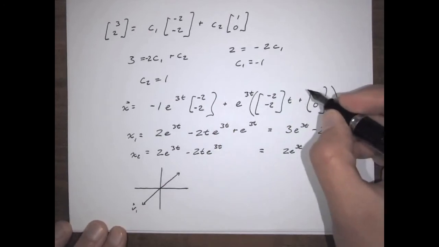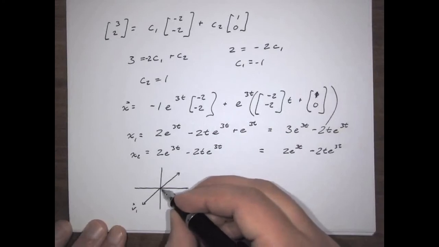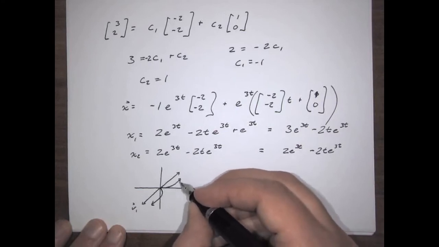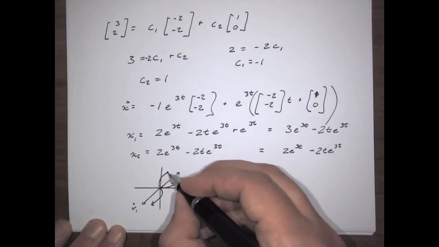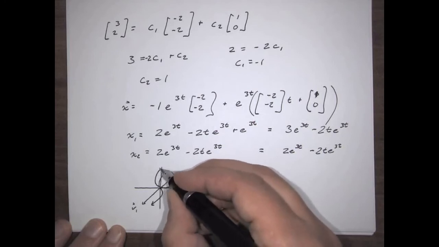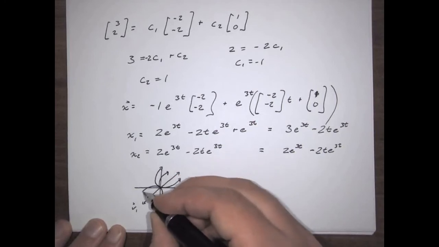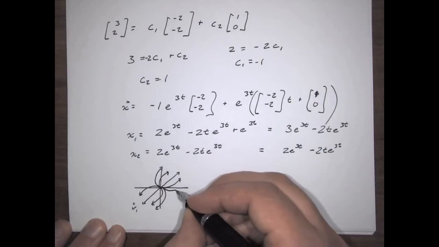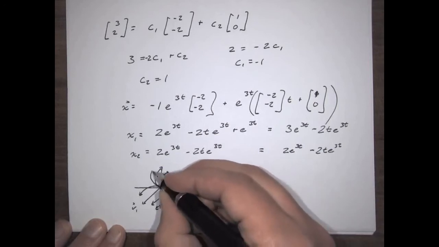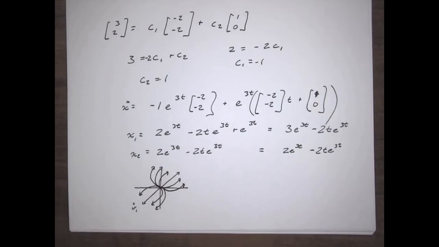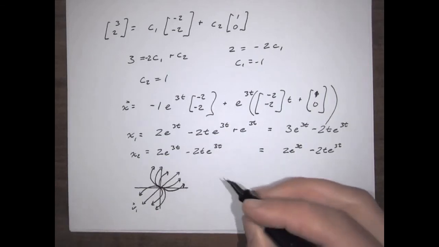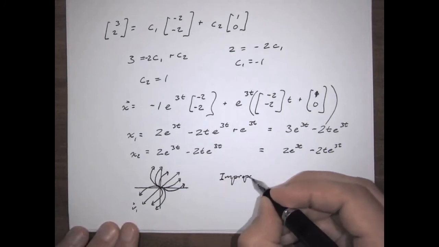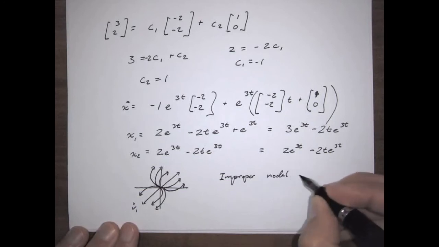And however any solution curve starts, it ends up eventually pointing in a direction parallel to v1. No matter which way it goes, it always ends up parallel to the v1. So this is an improper nodal source.